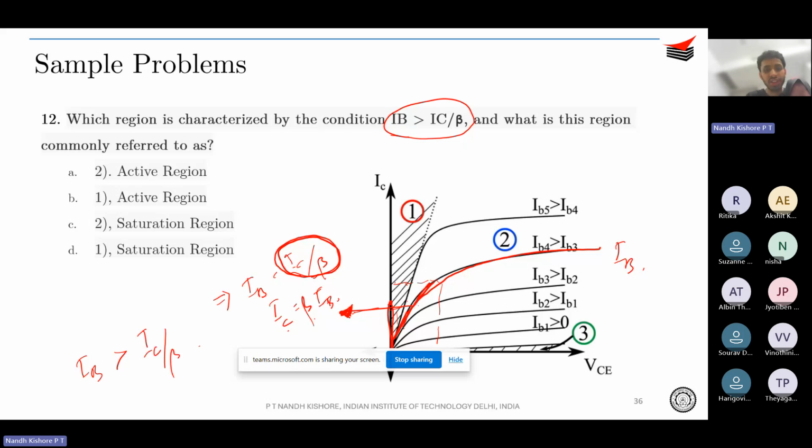In which region? In the saturation region. Right. So the condition IB more than IC by beta characterizes the saturation region.